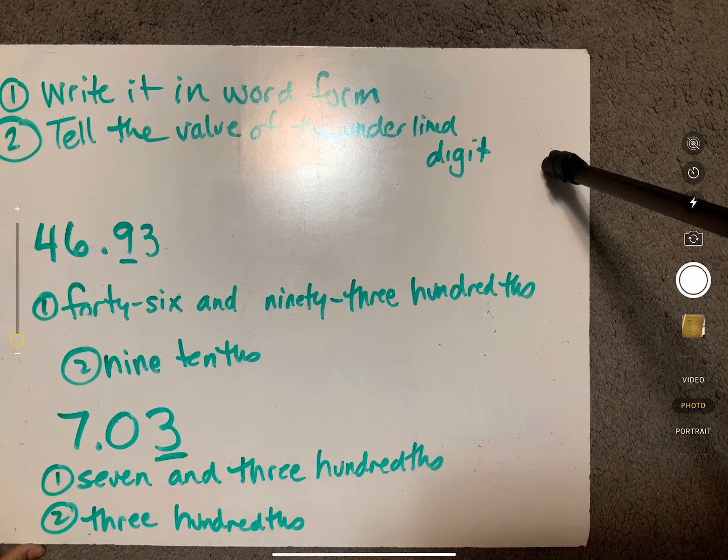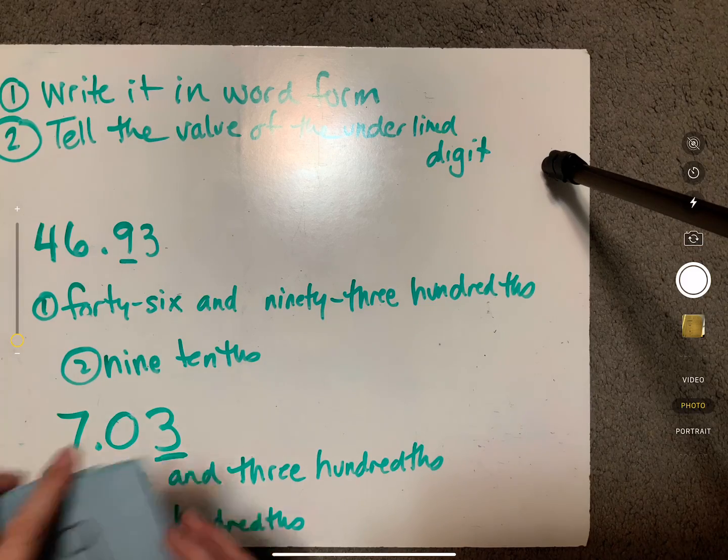Okay, so that is decimal place value in a nutshell. We've got 3 different forms: word form, standard form, and expanded form. The fourth one I was thinking of was when you're looking at the value of the underlined digit.